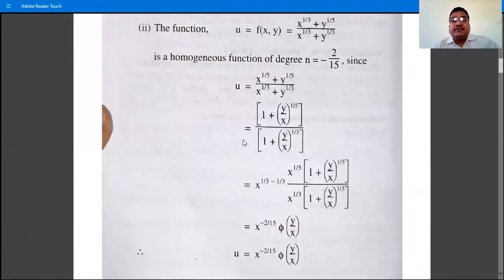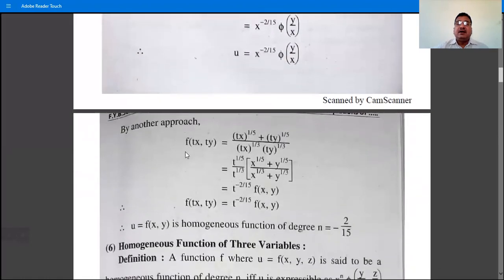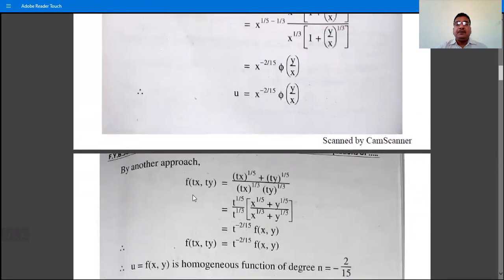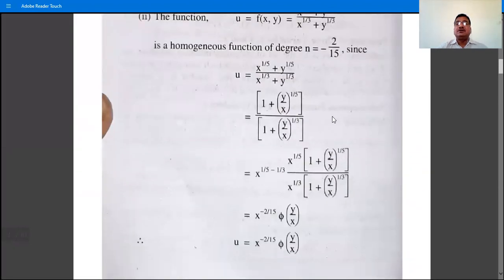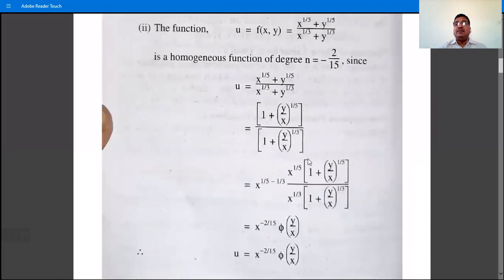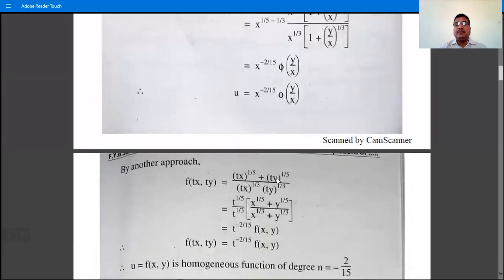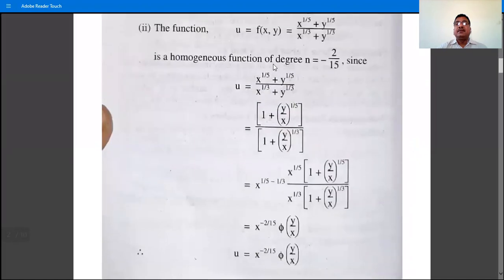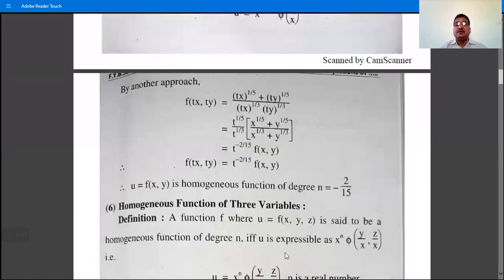And we can check this function as a homogeneous function by the next approach. So find the value of f of tx, ty. Replace x by tx and y by ty. So we have tx raised to 1 by 5, ty raised to 1 by 5, then tx raised to 1 by 3, ty raised to 1 by 3, with a plus sign.